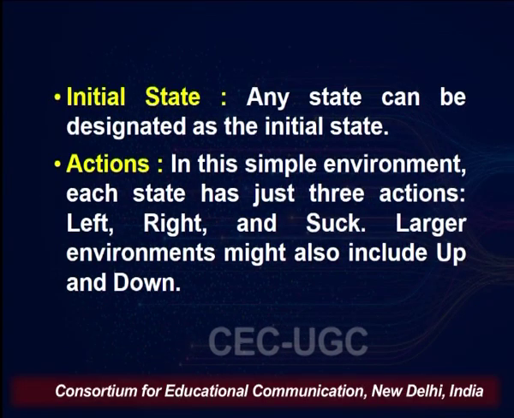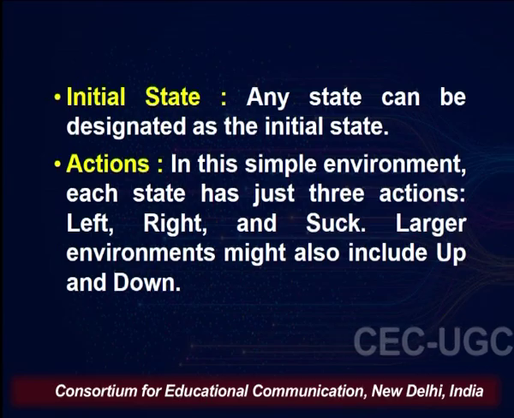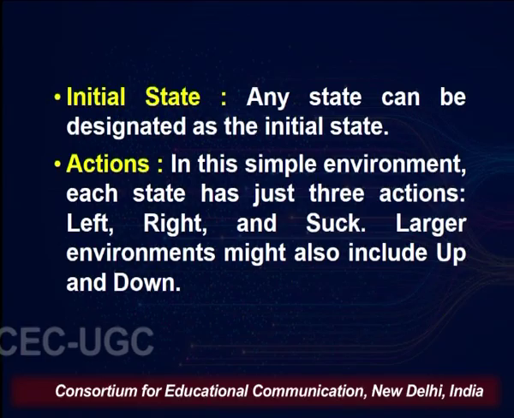Initial state: any state can be designated as the initial state, as we have shown in the figure. Actions: we talk about left, right and suck, just 3 actions. A larger environment might also include up and down, but as we are considering only 2 corners, we are just moving left and right.